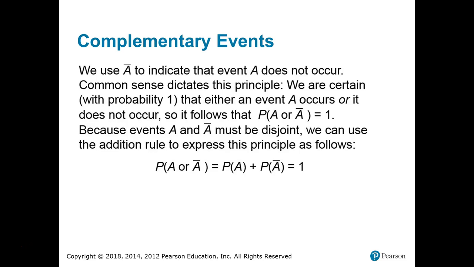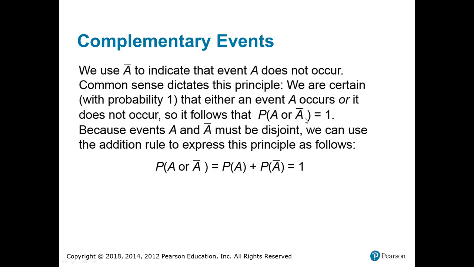Okay. Complementary events are as well. So we use a bar to indicate that the event A does not occur. We talked about this previously, where the complement of A is the A bar, and it's basically the probability that A does not happen. So we are certain, with probability 1, remember certain means 100% probability, that either an event A occurs or it does not occur. So it would follow that the probability of event A occurring or the probability of A not occurring would equal 1.